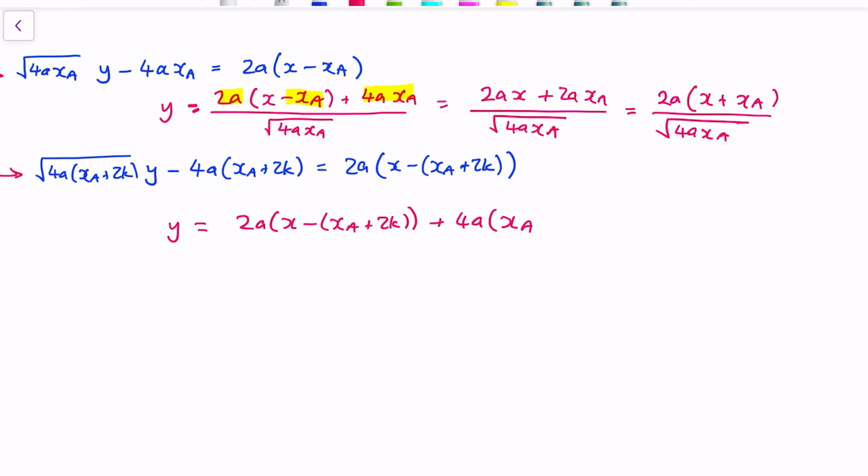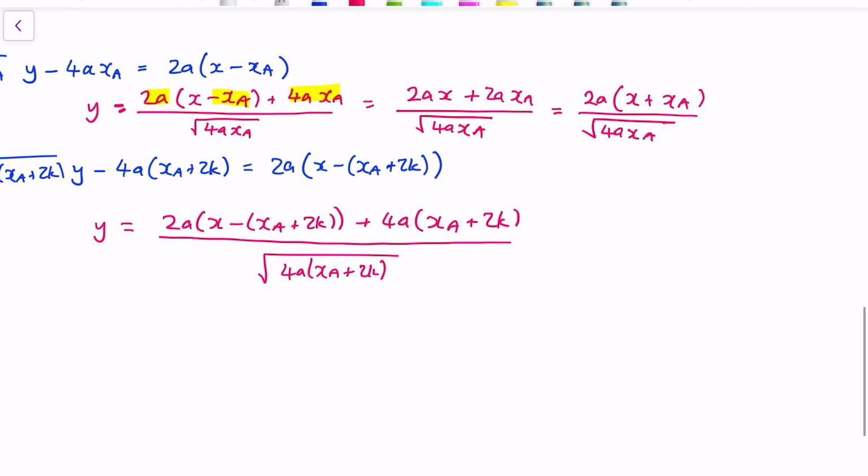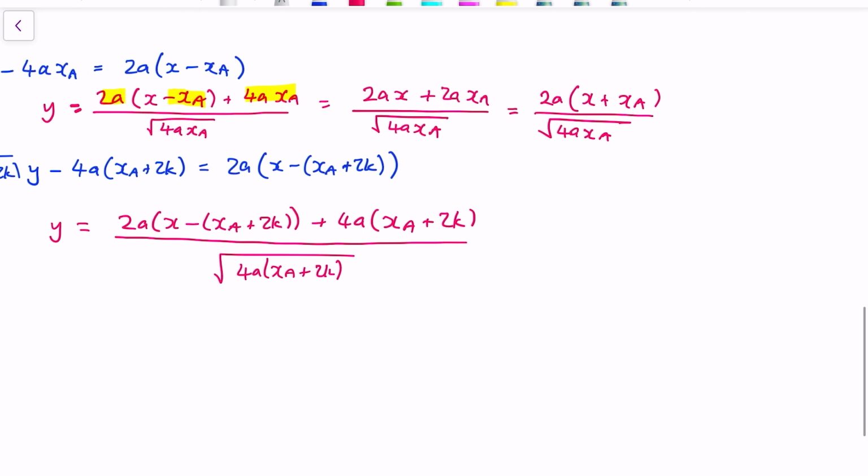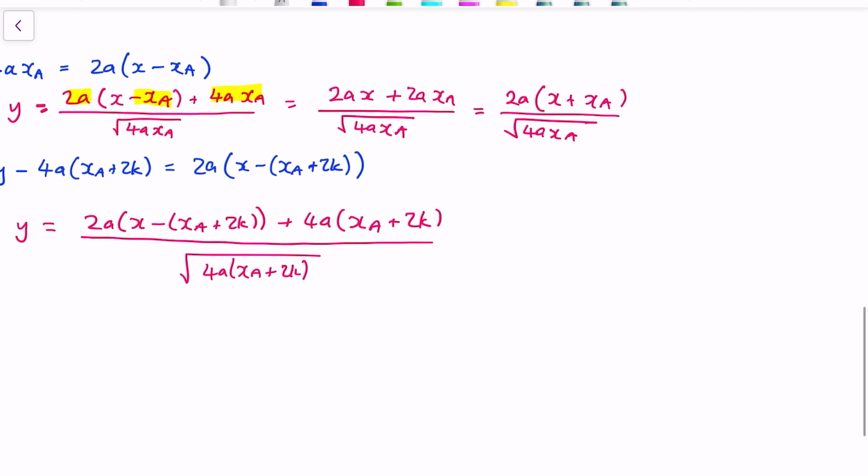This would definitely be one of the top scholar questions in this year's exam. Divide by that square root. Does that simplify at all? Are there any like terms? There's a 2ax in the numerator. There's a minus 2a xa with a 4a xa, so we've got the same thing as what we had in the first expression.